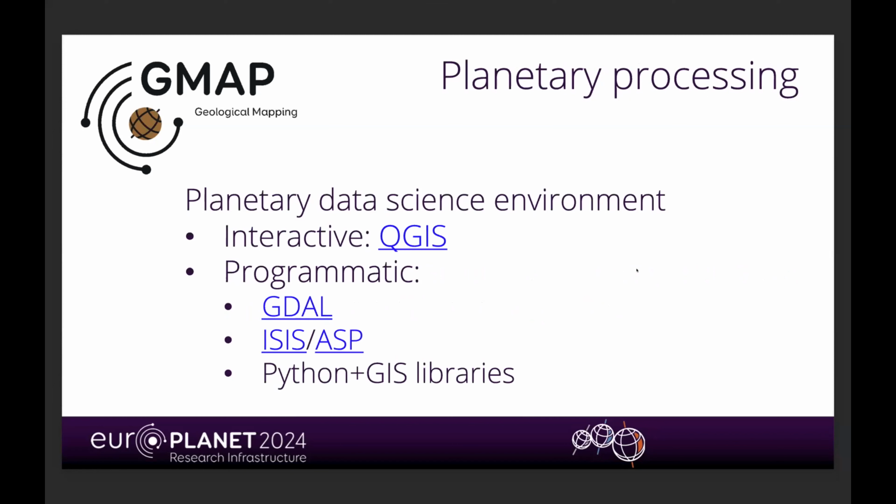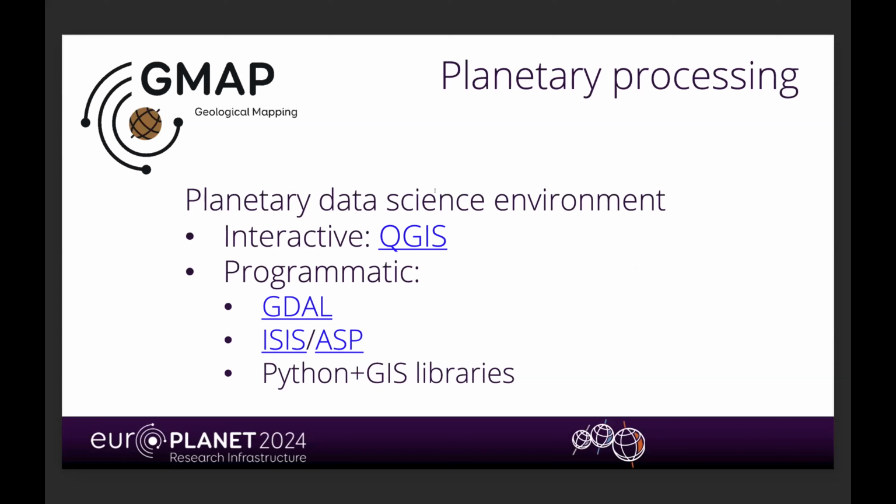So the planetary data science environment, why did we do that? Basically, it's because it can be very cumbersome to set up a data environment for processing planetary data. Right?